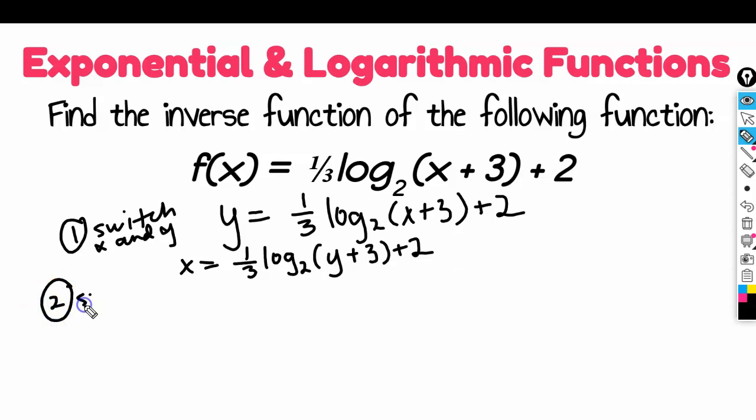My second step is to solve for y. So the furthest thing away from y, I've got a plus 3, I've got the log, I have a 1/3 outside of the log, and then I have a plus 2. The furthest thing away is that plus 2, so I'm going to get rid of that. Opposite of plus 2 is minus 2, of course.